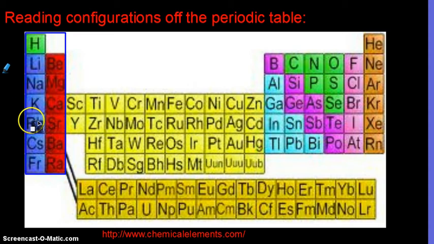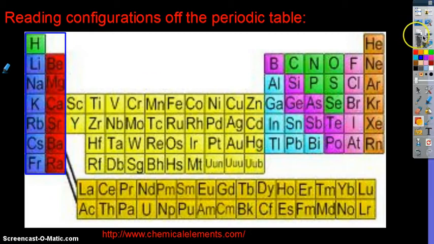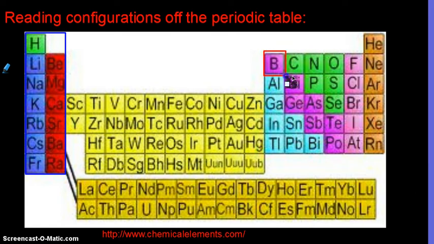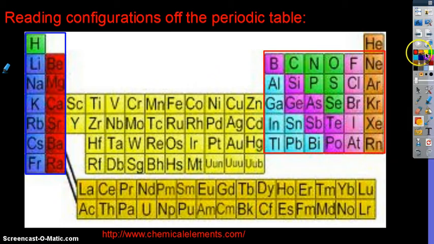All of these elements, their electron configurations end with S. Then we have the P block. All of these elements have electron configurations that end with P.